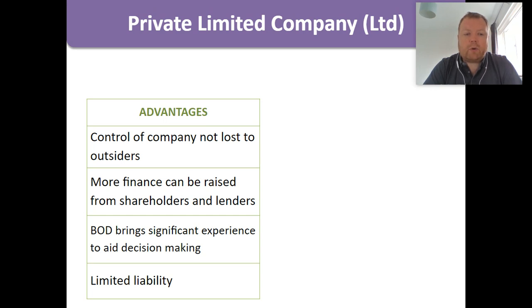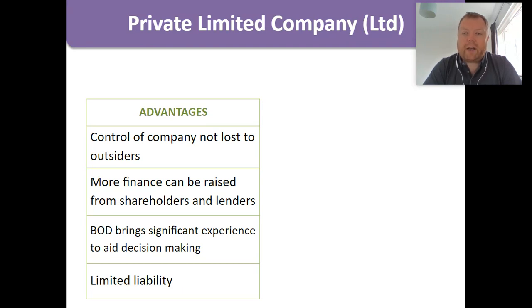And the board of directors bring significant experience to aid decision making. So if you appoint new people to the board, they may have skills that you don't have. And crucially, you have limited liability. So should your private limited company fail, then you're not going to lose your cat, your house, or your car.